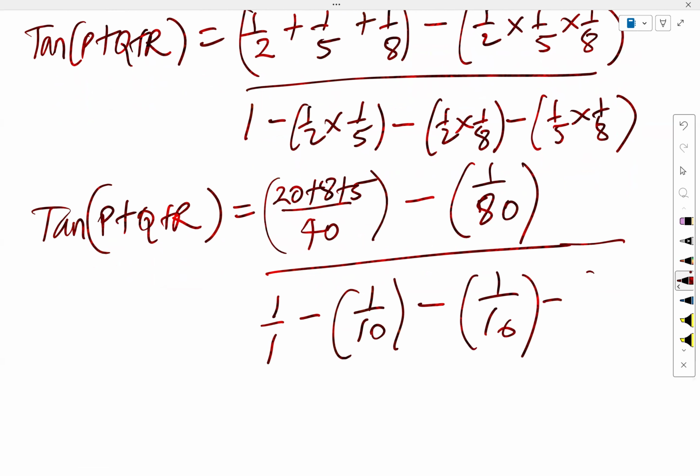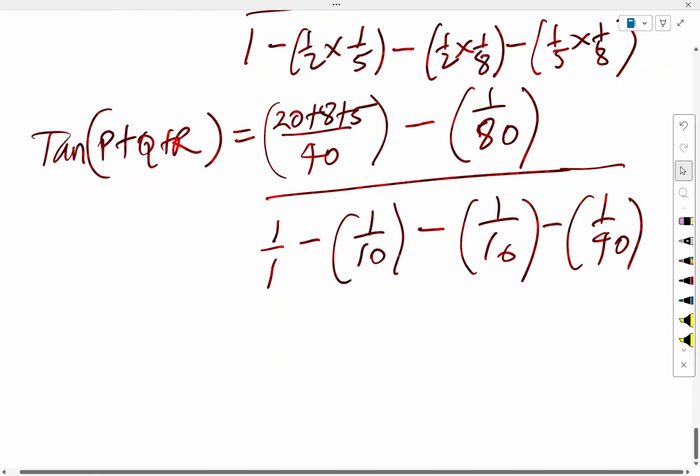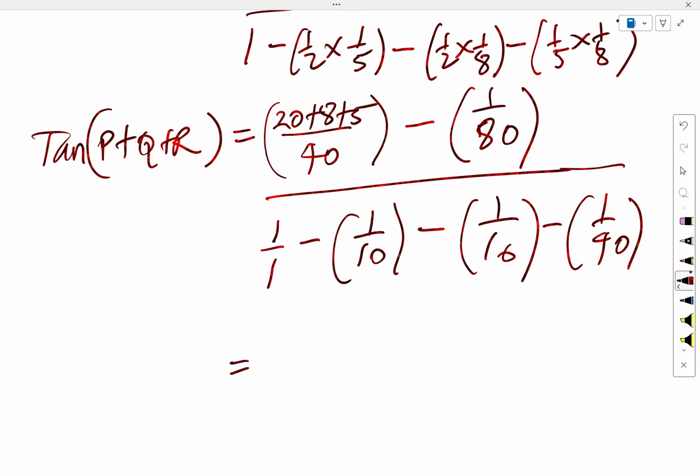Then minus 1 over 40. So we have this to be equal to 20 plus 8 is 28 plus 5, that is 33 up there.